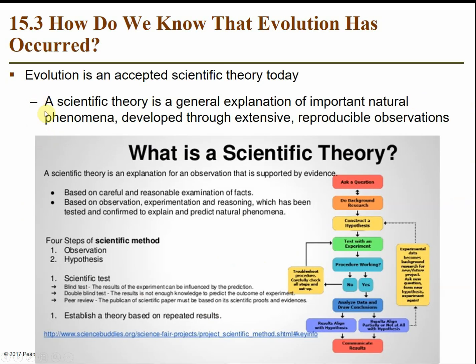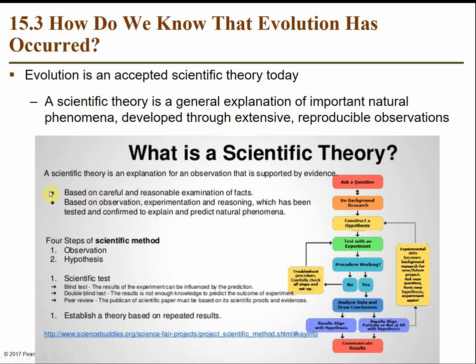We've said before that evolution is accepted as a scientific theory, and what a scientific theory is. A scientific theory just means that it has been well documented by research. There's really not anything to refute what we have on this theory. It's one step away from becoming a law, like the law of gravity.